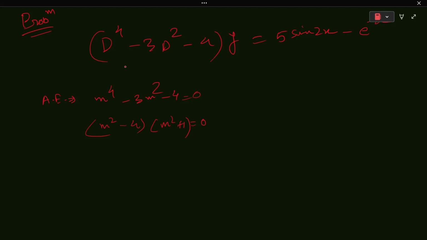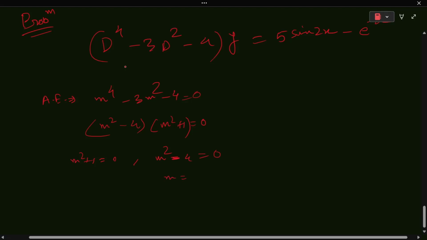So two parts are there: m square plus 1 is equal to 0 and m square minus 4 equal to 0. Okay, m square minus 4 is equal to 0 means m equal to plus minus 2. And m square is minus 1 means m equal to plus minus i.